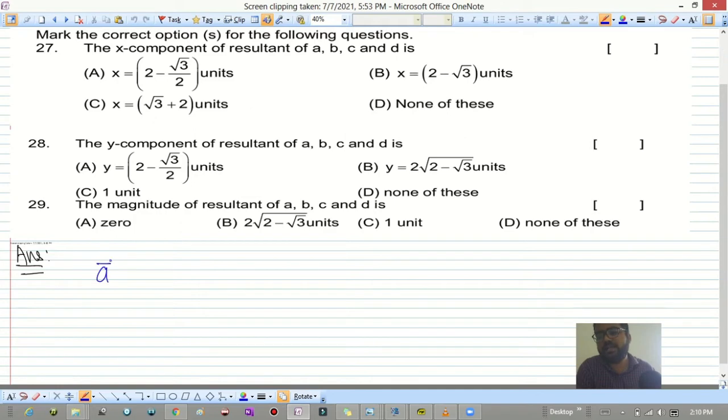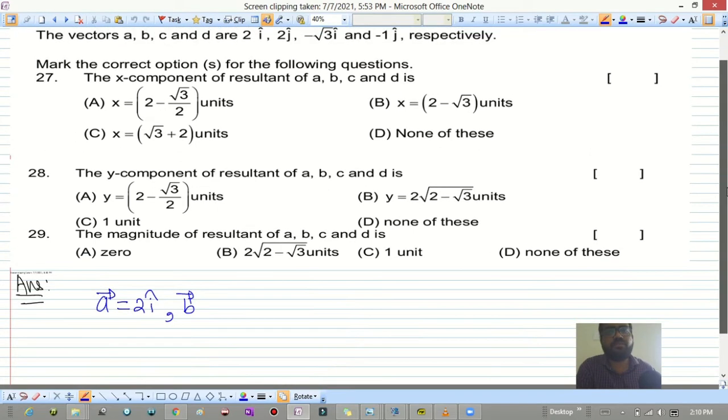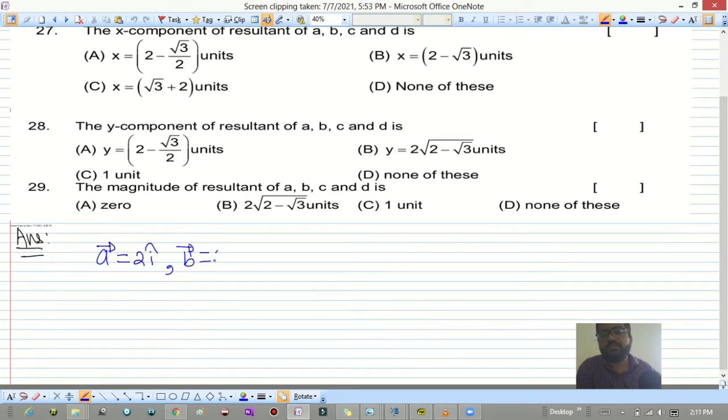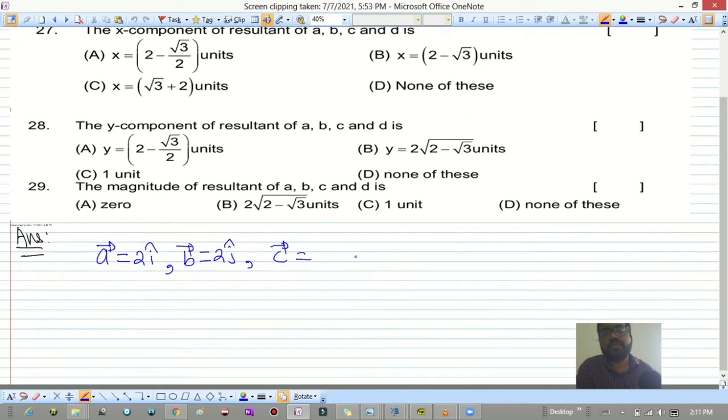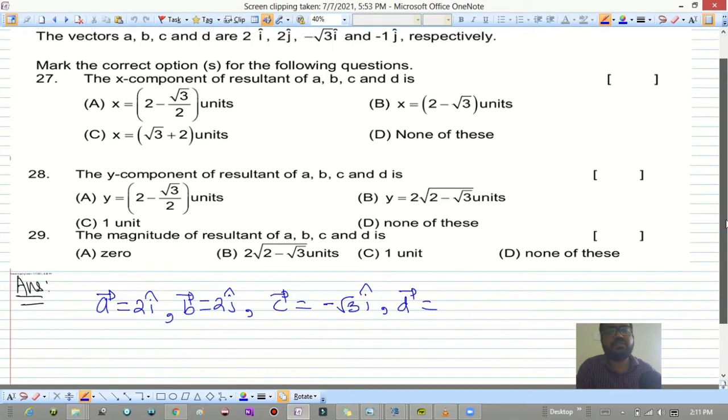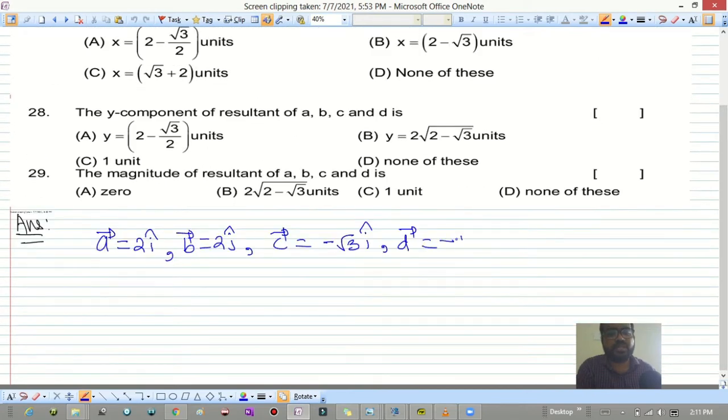a bar is given as 2 i hat, b bar is given as 2 j hat, c bar is given as root 3 i hat with minus sign, and d bar is given as minus j hat.